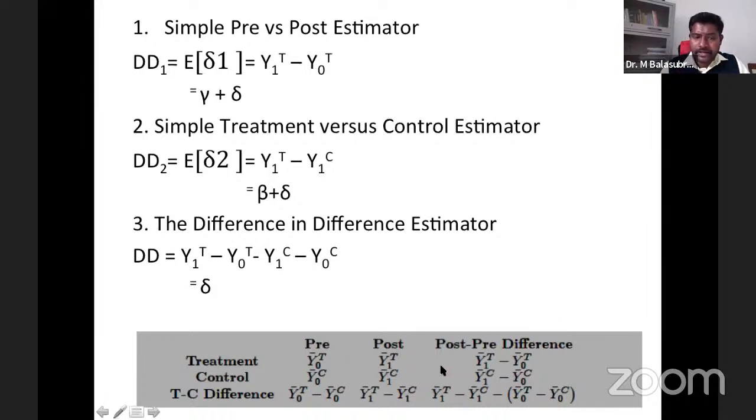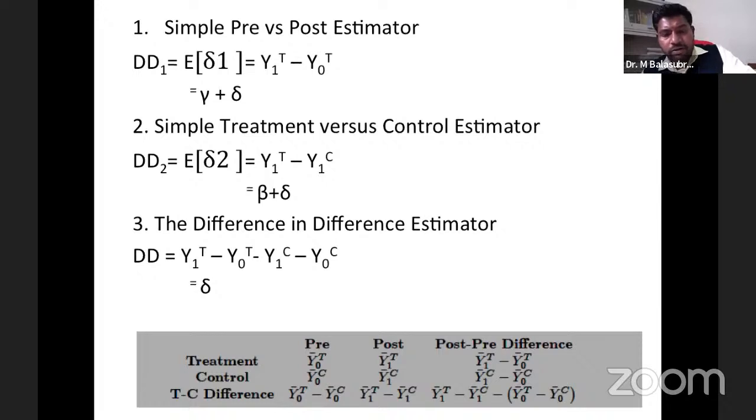And I have presented these results here in the table below. You see that in the rows are the treatment and control and the difference between them, whereas in the columns are before the program and after the program, the pre-intervention and post-intervention, and the difference between these two in the next column. The first one, treatment, y0 t bar, I have mentioned here, and there y1 t after intervention, because this is treated, and the difference between these two, y1 t minus y0 t.